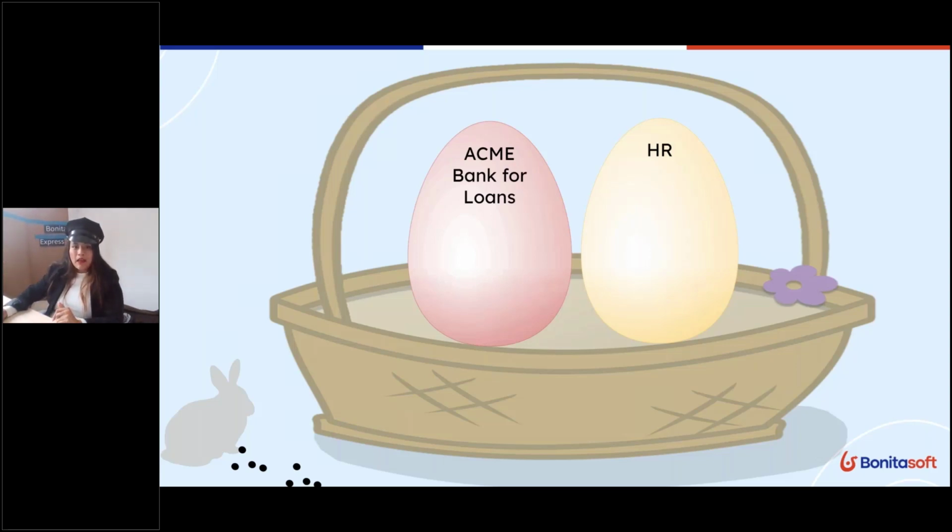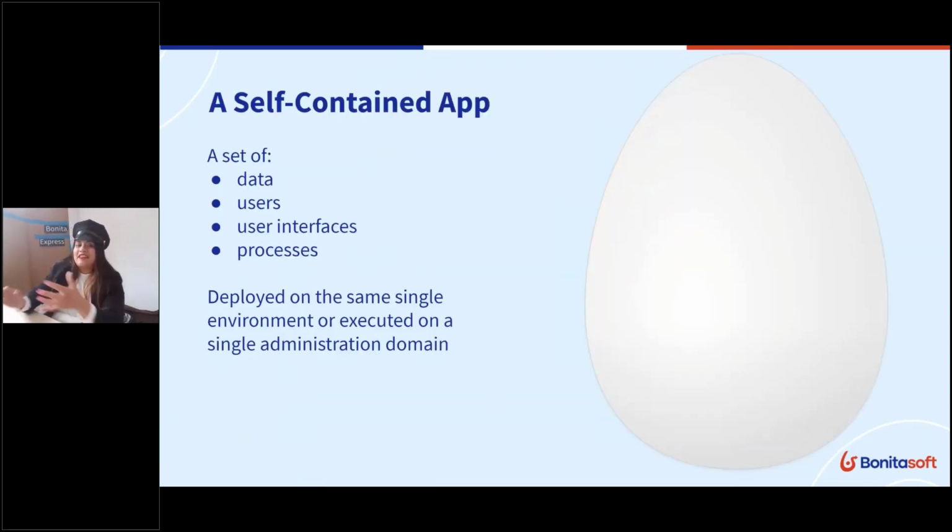So let's take a deeper look at these units that we are calling here the self-contained app. Let's retake what a self-contained app would be: a set of data, users, user interfaces, and processes deployed on the same single environment or executed on a single administration domain.